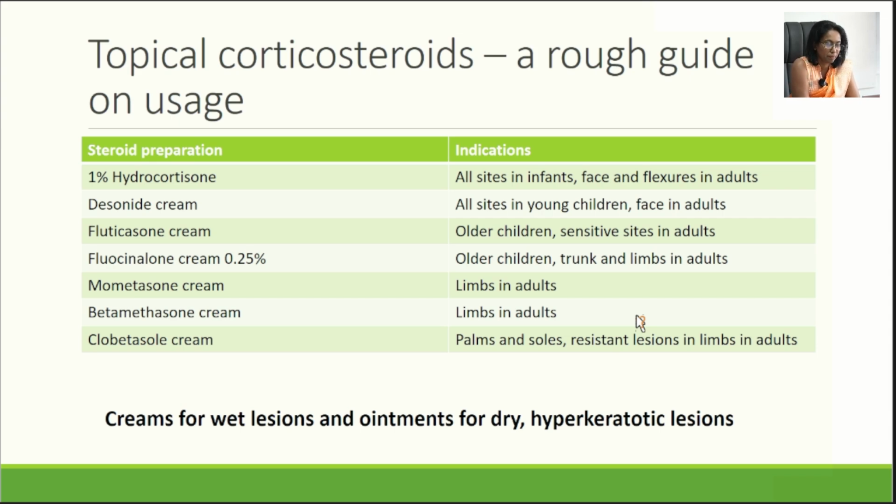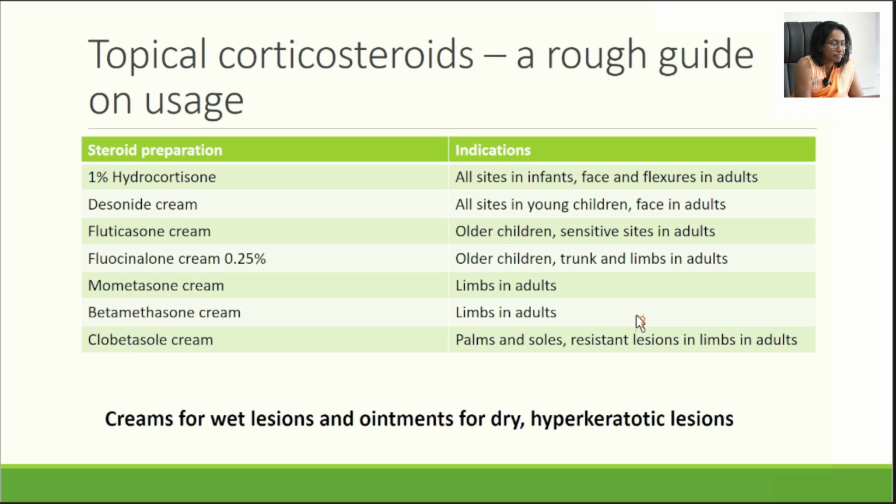Please, for your purposes, mometasone is not something to be used in children, not something to be used in babies, and not something to be used on the face of anybody. Right? But the pathetic thing is, mometasone is being used on the face even by the beauticians, not you.